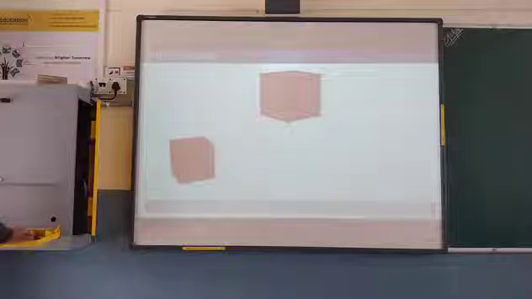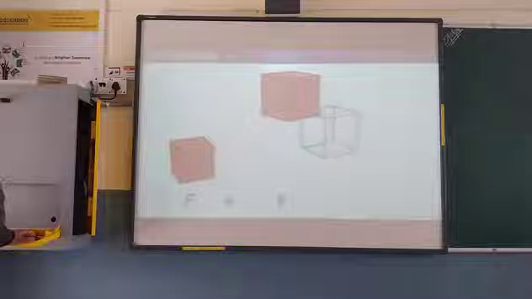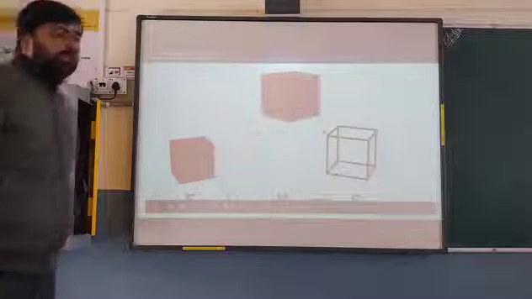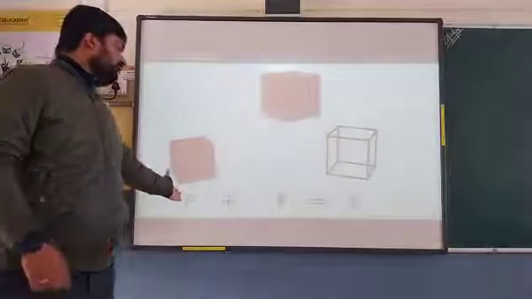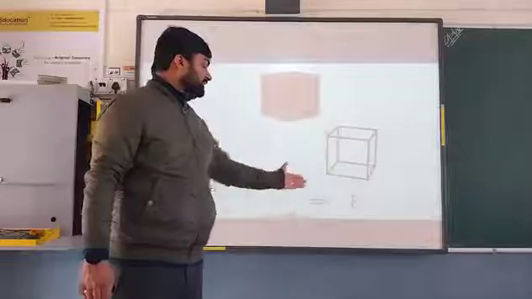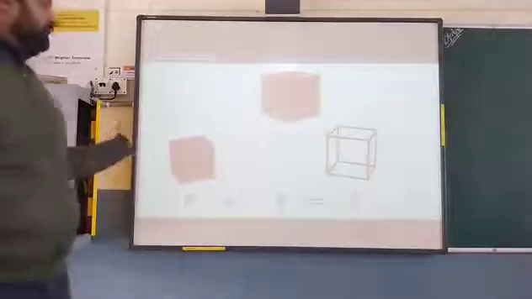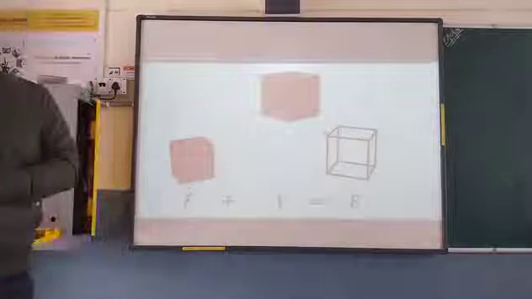There exists a relationship between the number of faces, vertices, and edges of a polyhedron. Now for all the polyhedrons, we have a relationship, where F is the number of faces, V is the number of vertices, and E is the number of edges. When we combine them, they form a particular formula, and it is called Euler's formula.